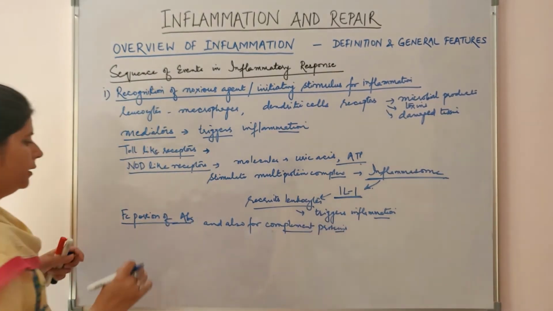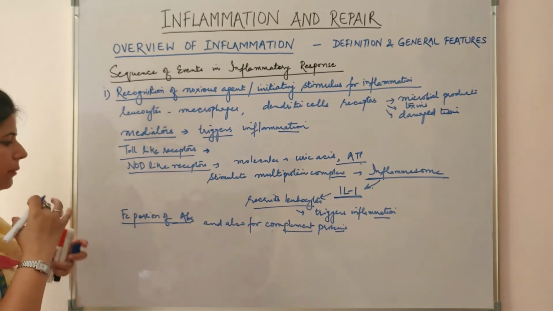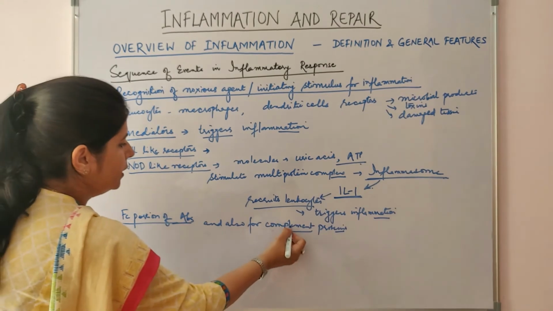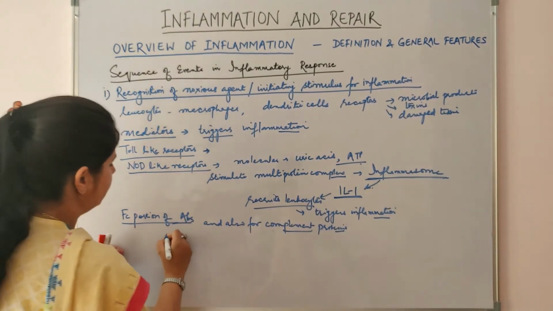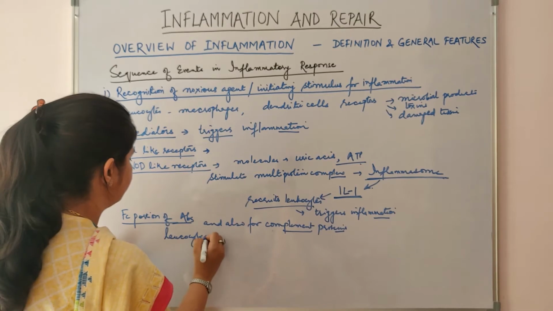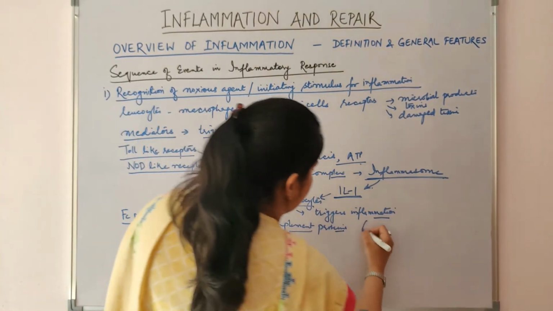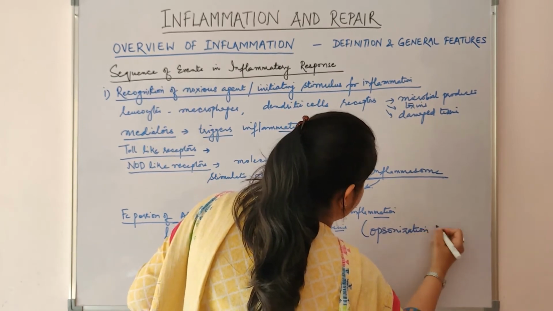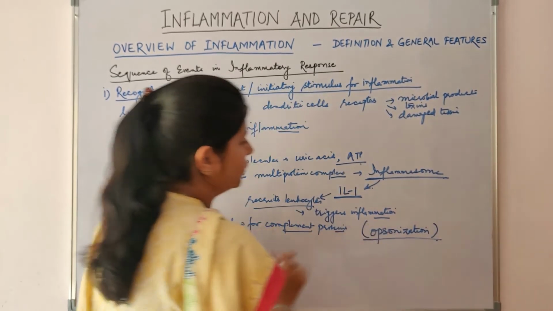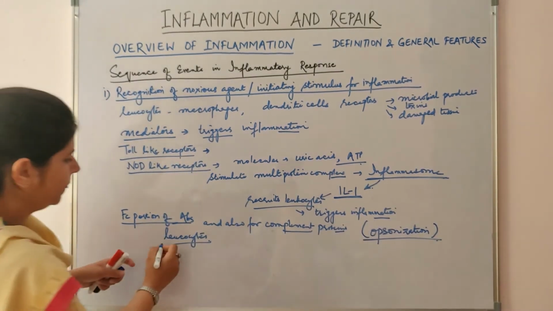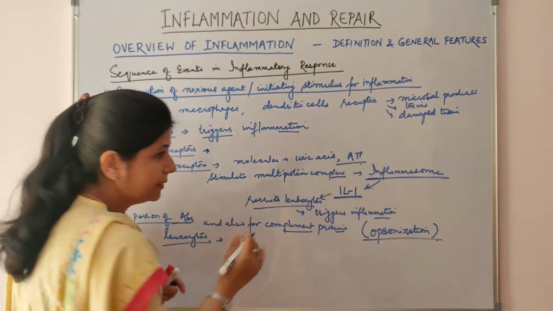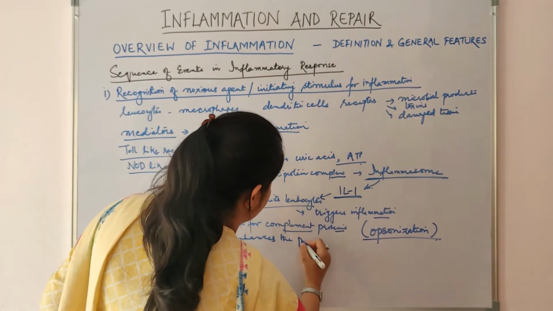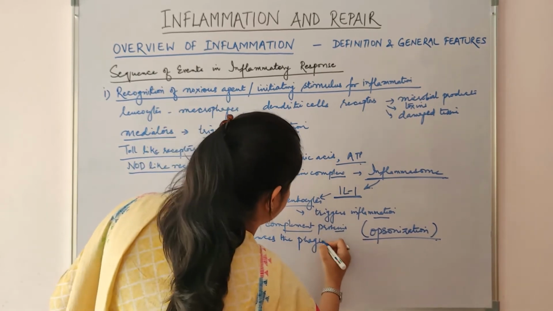So when the microbes are coated with antibodies or the complement products, these are readily identified by the leukocytes, and this coating is called opsonization. We will be studying about it in detail in the later lectures. Opsonization enhances the phagocytosis of these coated microbes.